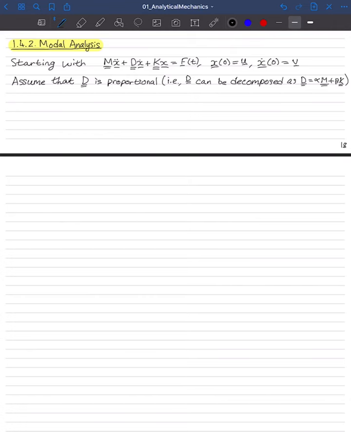So if we have proportional damping, the first step in applying modal analysis will be to formulate and solve the eigenvalue problem for the undamped and unforced system.